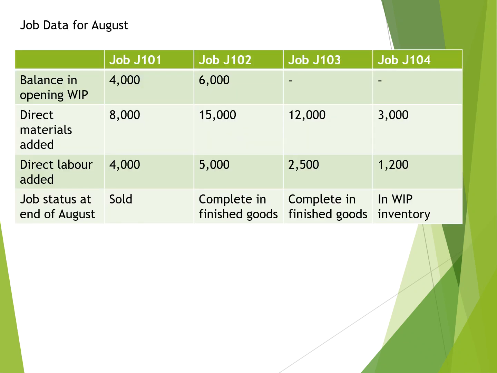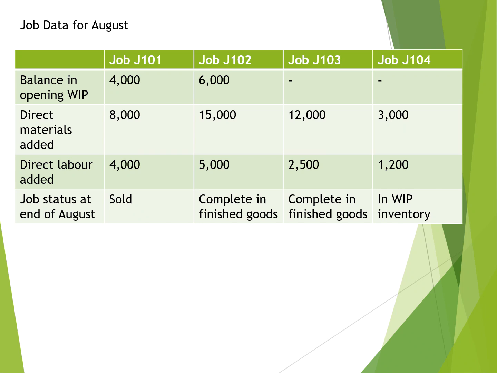Here are the 4 jobs for August. J101 and J102 both had opening work in process from last month of $4,000 and $6,000. J103 and J104 are new jobs that started this month, so they have no opening balance.